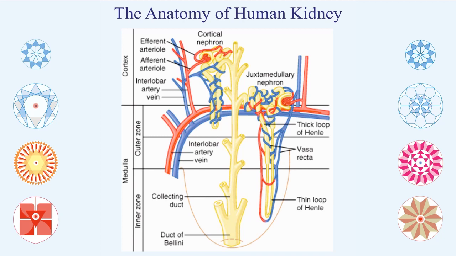That is what is found in the cortical region. But in the juxtamedullary region, you have the vasa recta, and a loop of Henle longer than what you find in the cortical region. Between the descending and ascending loops of Henle, you have the vasa recta, a capillary system, and from there concentration of urine is done, and urine becomes more concentrated.